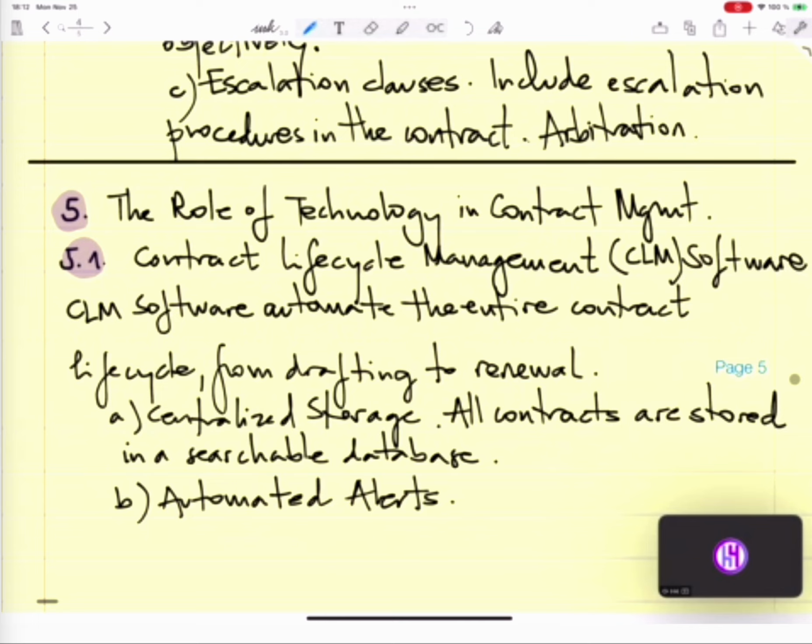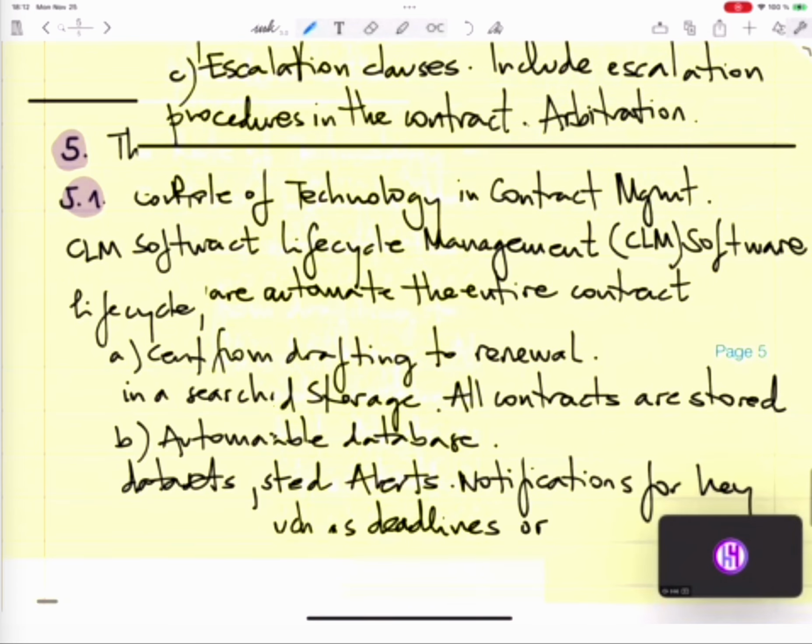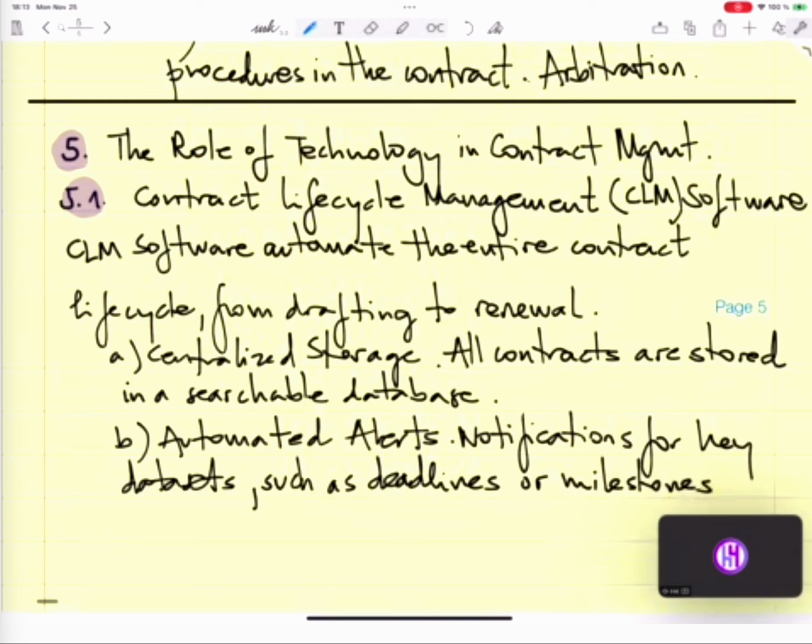Okay, so notifications for key data sets such as deadlines or milestones can be automated.